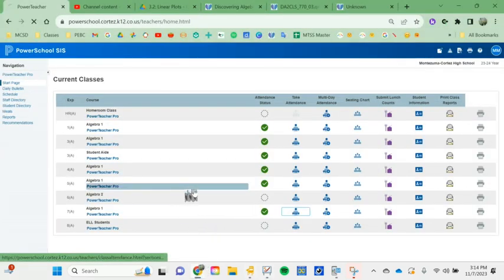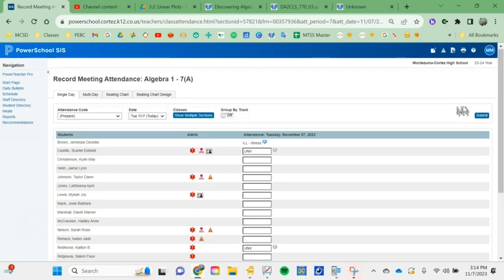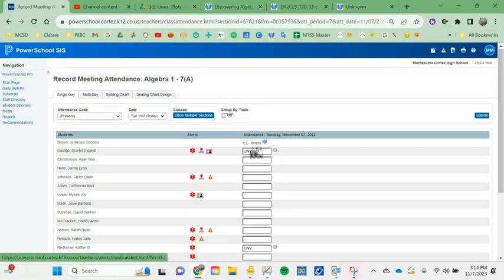So where does the pickup truck start? Where is it starting its journey? In Flint. Yeah, so it'd be 0 miles from Flint because it's in Flint, right? So 0 is what we're going to put for the pickup truck. And then what about the sports car? Where does the sports car start?